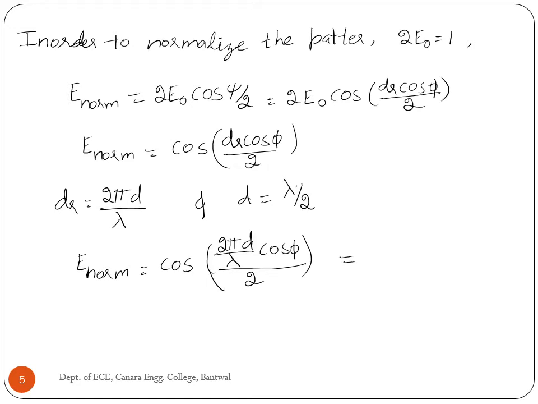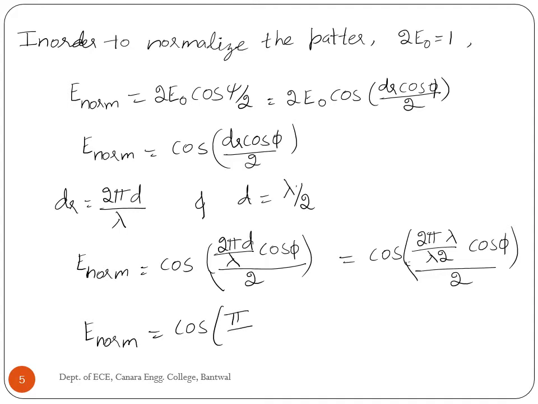Therefore, cos of (2 pi times lambda/2 cos phi)/2. Therefore, the normalized field is equal to cos of (pi/2 cos phi).